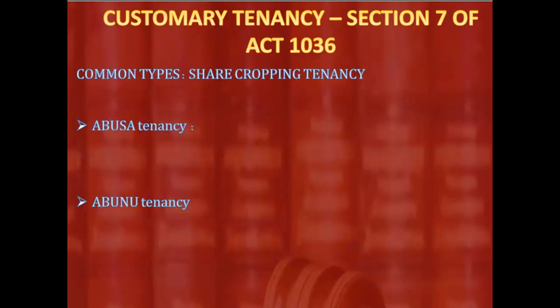B, it arises where a stool or skin or clan or family which holds the allodial title, or a person who holds a customary law freehold, a person who holds a usufructuary interest, enters into an agreement with another person to grant that other person an interest in land upon agreed terms and conditions, and may involve the payment of rent, the sharing of the produce of a farm, or the physical partition or severance of the farm or land.